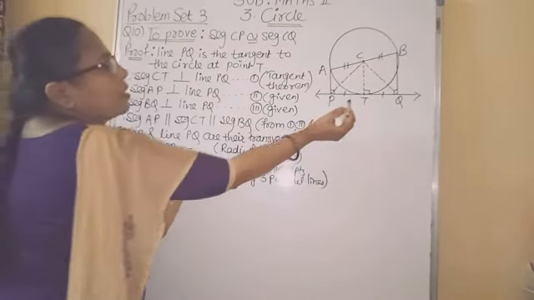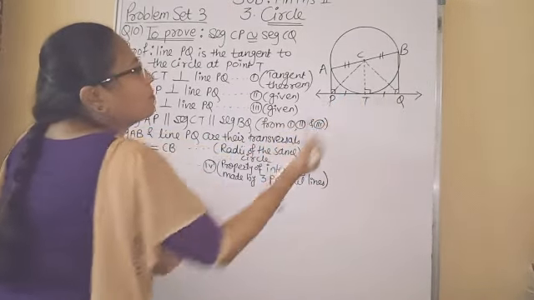Okay. Now these two triangles we have to show congruent.